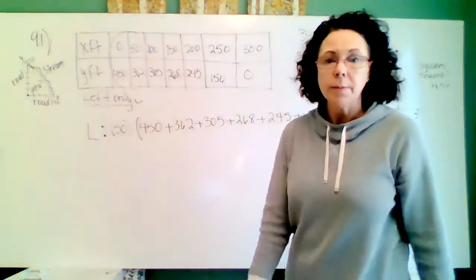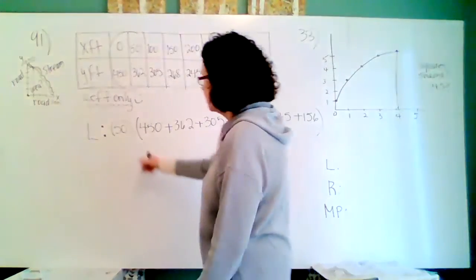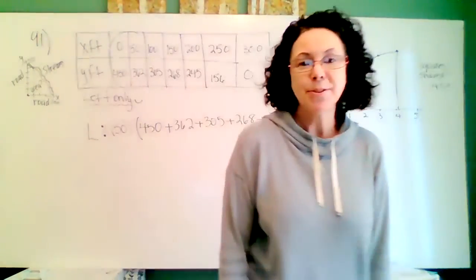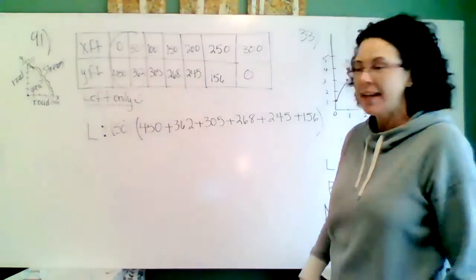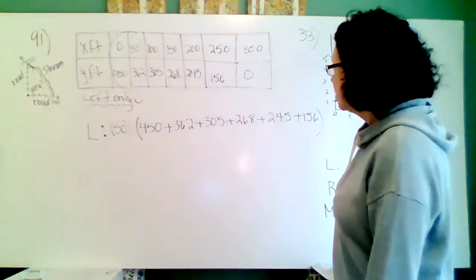Okay, so all I'm going to do is add up all these measures of feet and multiply it by 50. I'm assuming that you can do that on the calculator. I did not ask for right, and I did not ask for midpoint.